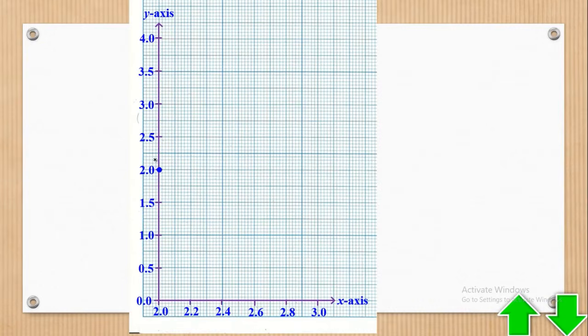So when x is 2, y is also 2, and when x is 3, y is also 3. So we have to use a ruler now to join these 2 points. So when you use a ruler, we shall come up with that. And then we label the line.